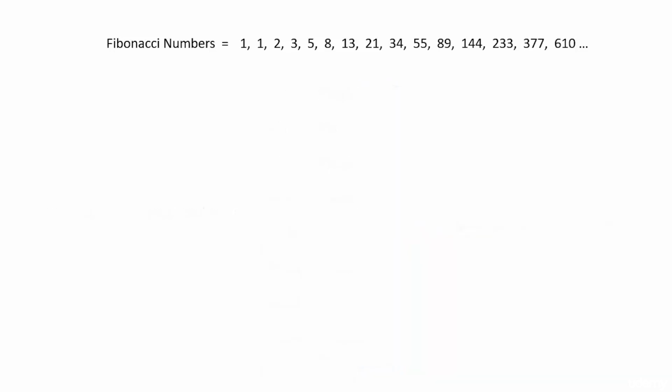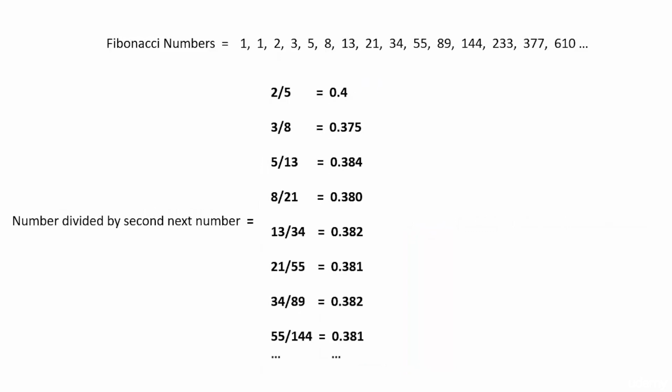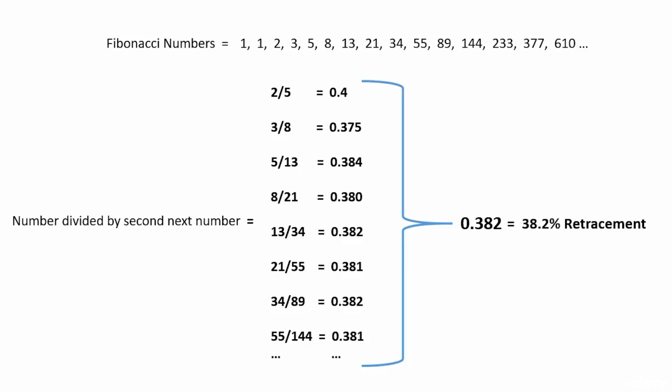Again, if you take any Fibonacci number other than 1 and divide it by its second next Fibonacci number, the quotient will be 0.382 or near 0.382. This 0.382 ratio is the 38.2 Fibonacci retracement level, which is the second Fibonacci retracement level.